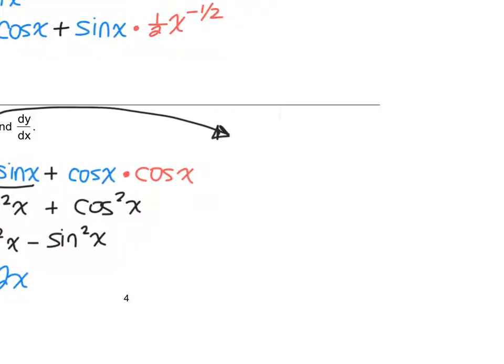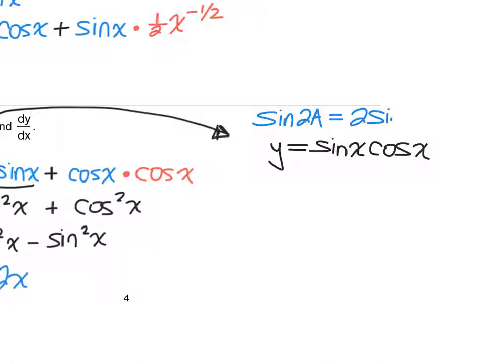So let's say I'm taking it from scratch, and I remember my double angle identity for sine. Sine of 2a is equal to 2 times the sine of a times the cosine of a.